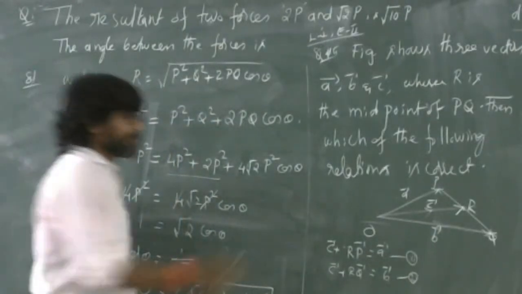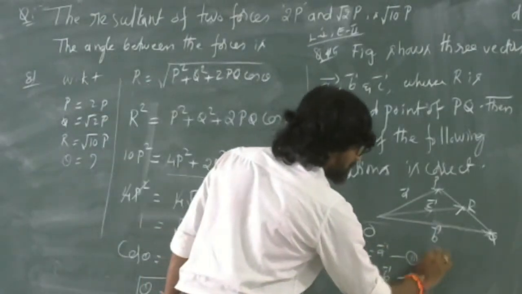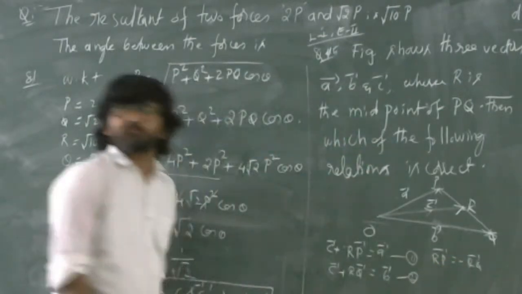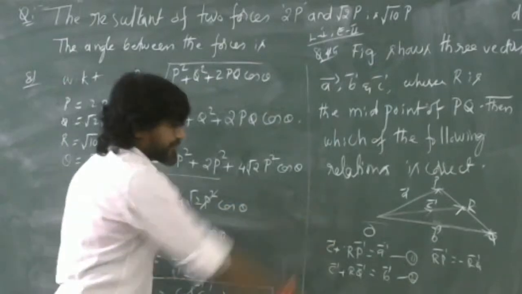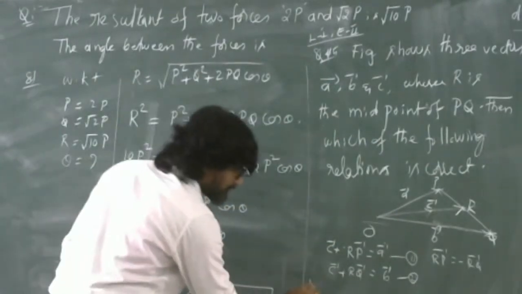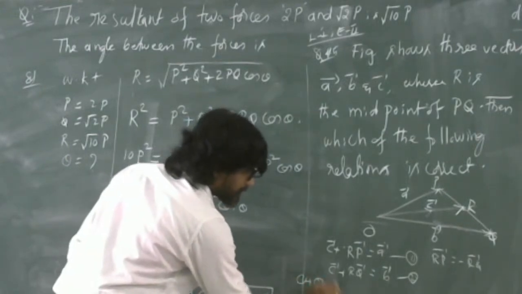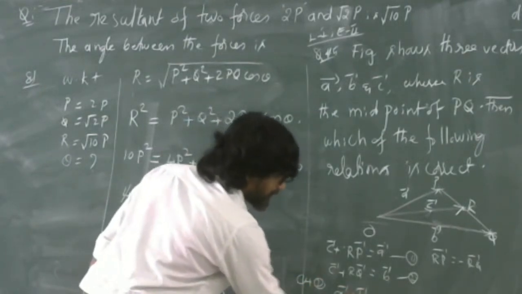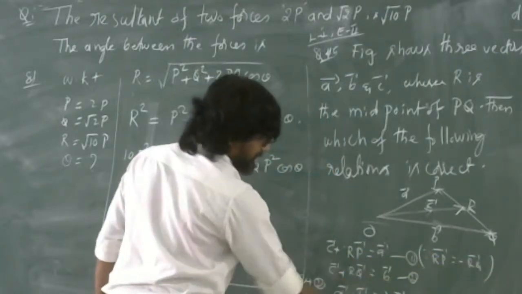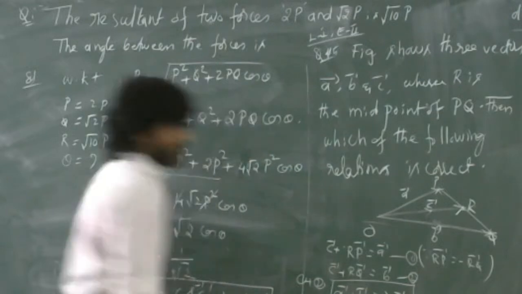You can also say RP vector is equal to minus RQ vector. So 1 plus 2 gives A vector plus B vector is equal to 2C vector, because these two cancel out. So you get this relation. That's it.